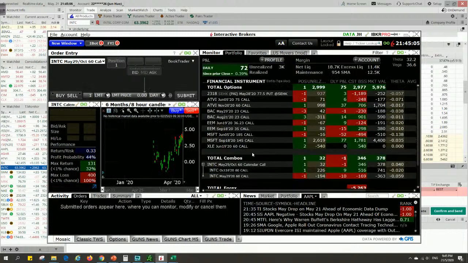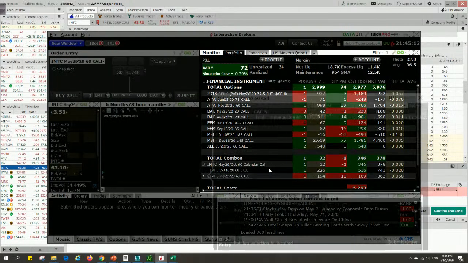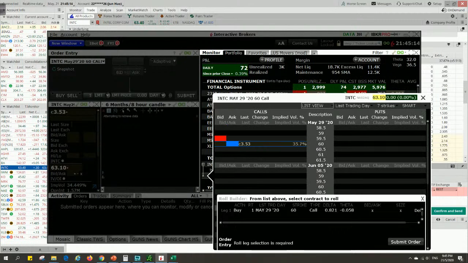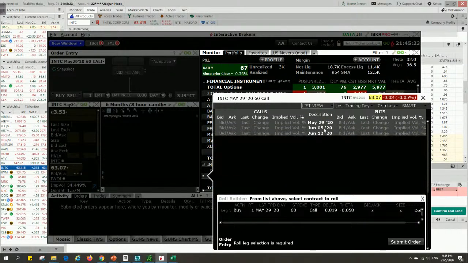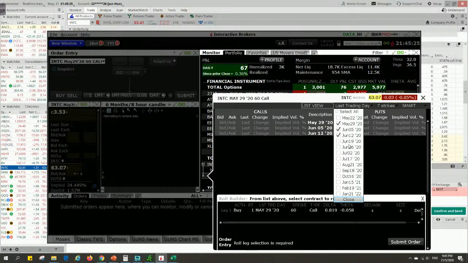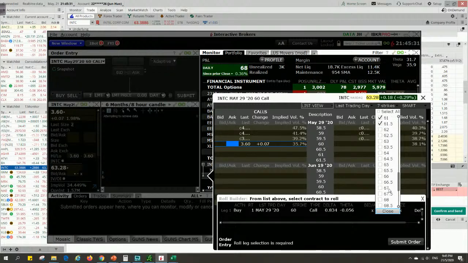In fact, if I'm rolling, I can just right click on this short dated call, and then I click on roll, and then this window will pop up. It will ask you which option you would like to roll to, and I would like to have the 19 June expiry with a strike of $64.